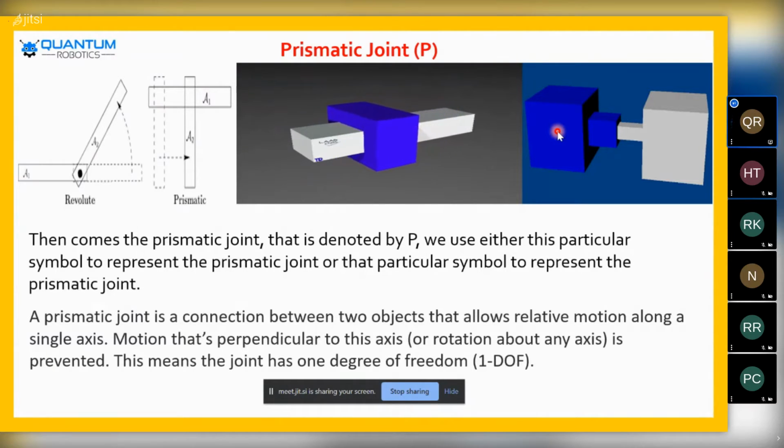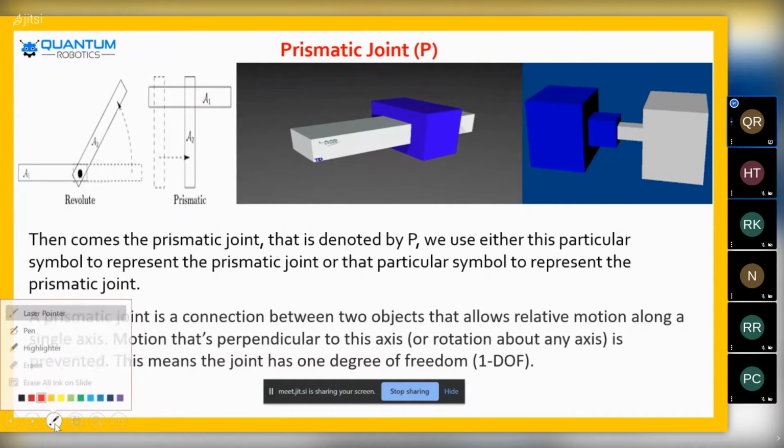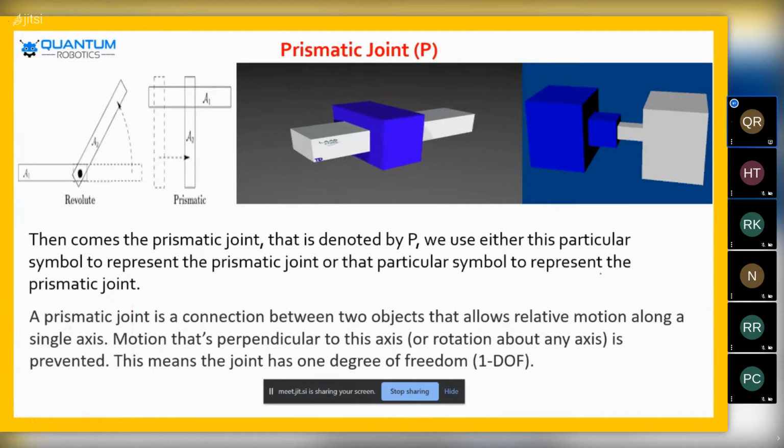When I explained industrial robotics at first, I told you that joints have different degrees of freedom. Here you can see the base of the robot, then a link, a joint, a link, a joint, a link, and the end effector.